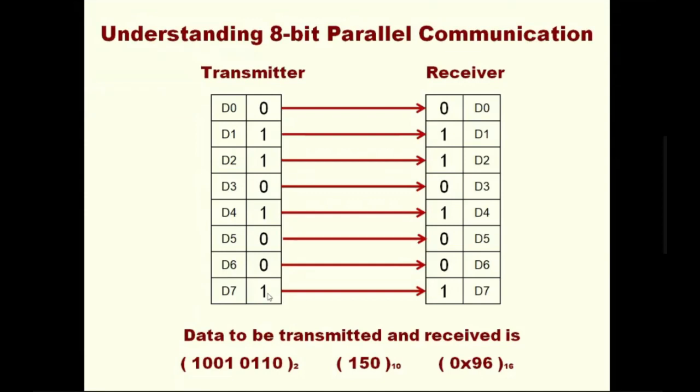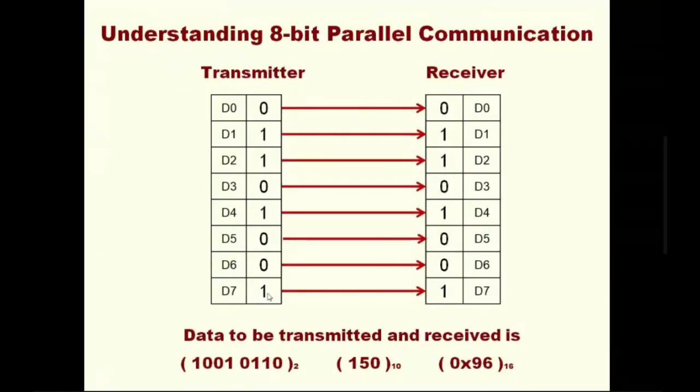So right now we are looking at 8-bit parallel communication. Compared to 32-bit serial communication, 32-bit parallel communication will improve the speed 32 times. Among all the several peripherals, RAM is the peripheral which can interact with the microprocessor up to a maximum speed.